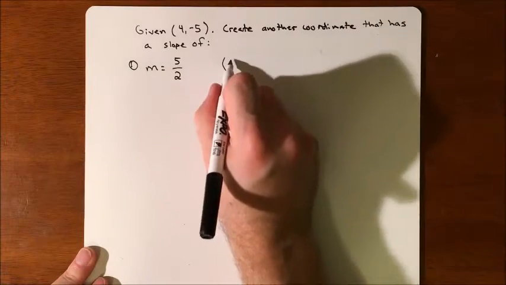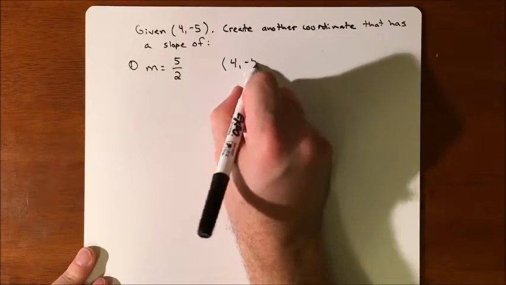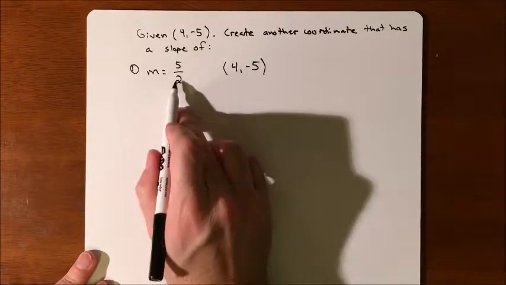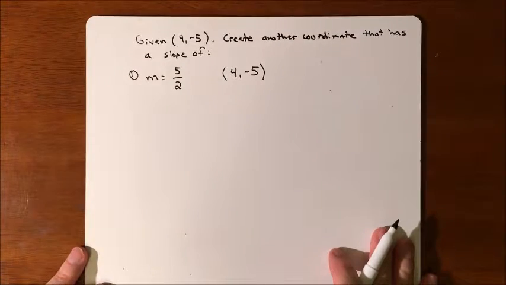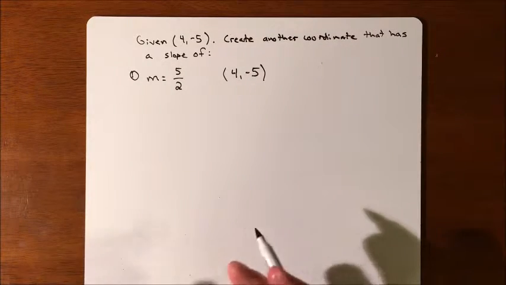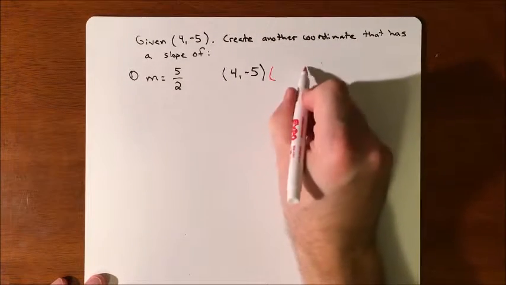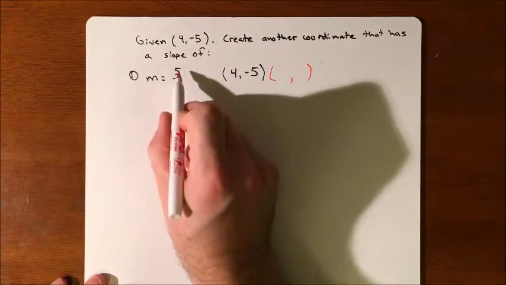Now we're given a coordinate of 4, negative 5, and we're trying to find another coordinate that has a slope of 5/2. So you can do the formula and you can kind of plug in what you know, plug in what you don't know, or even better, if you did the change in the y and the change in the x, you can pull it straight from what you got here.